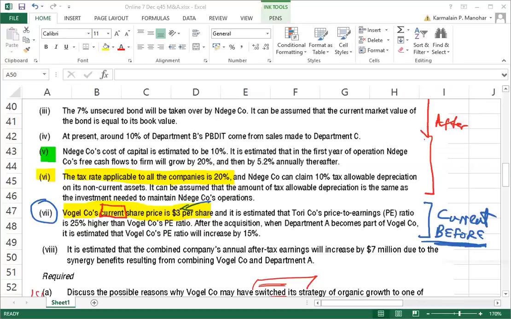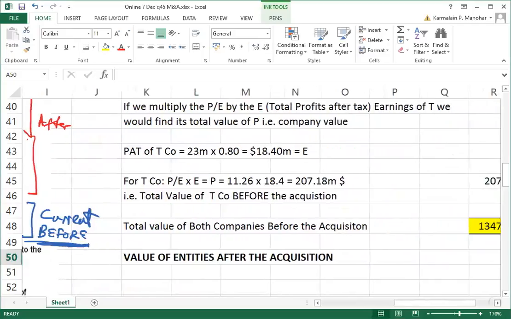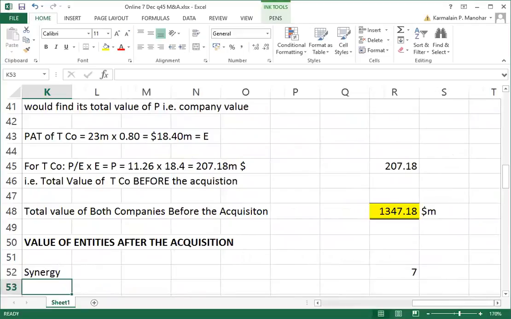It estimates the combined company annual after-tax earnings will increase by 7 million due to the synergy benefits resulting from Vogel and Department A. So we can start off adding the easy stuff. By having written this down on your paper, you're collecting some marks. 7 million.